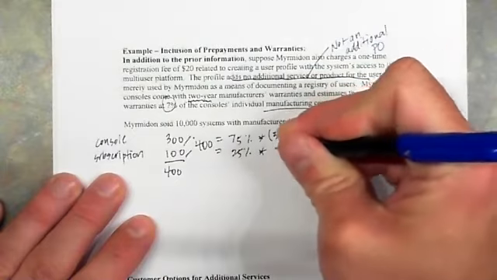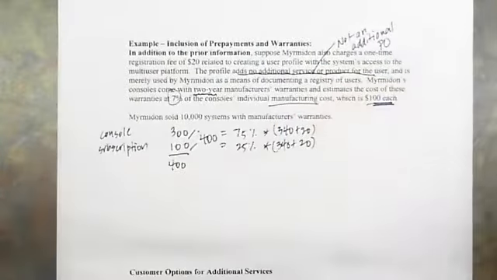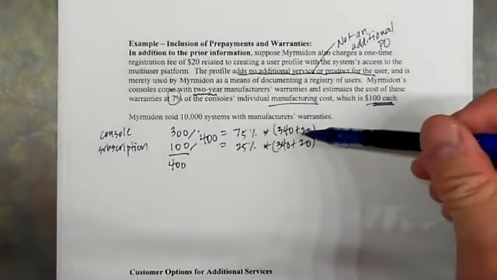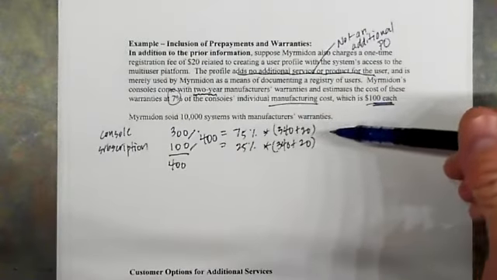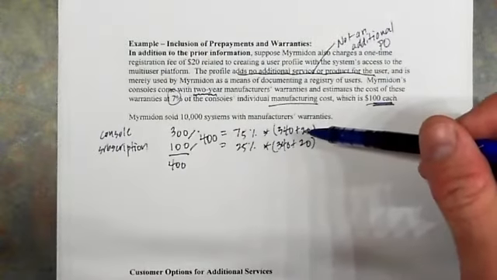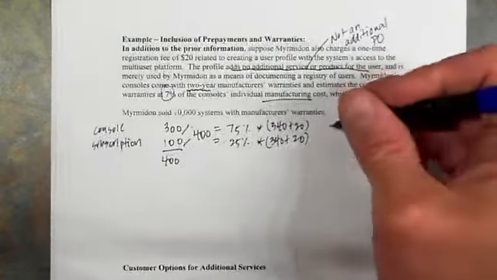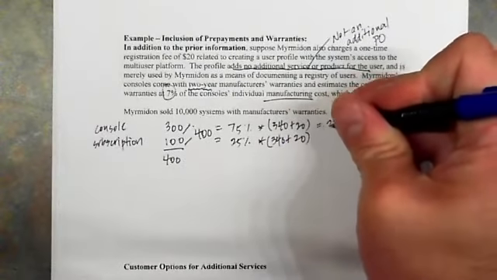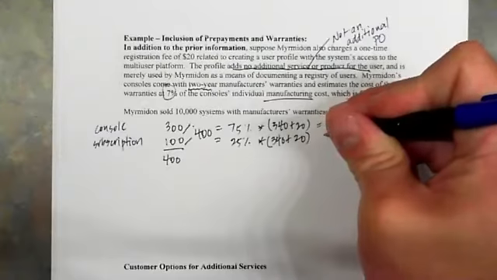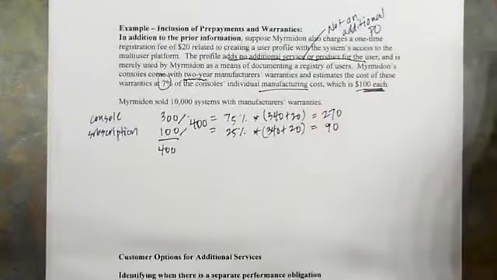It's not an individual performance obligation because it's not providing an additional good or service. What it's doing is just adding to the overall transaction price, which will add to the overall amount that I actually subscribe or allocate to the console and to the subscription. So this turns out to be $270. After we multiply it by 360, this turns out to be $90.